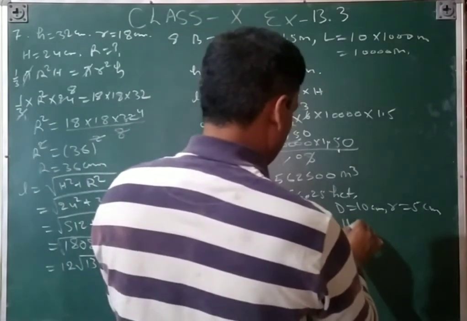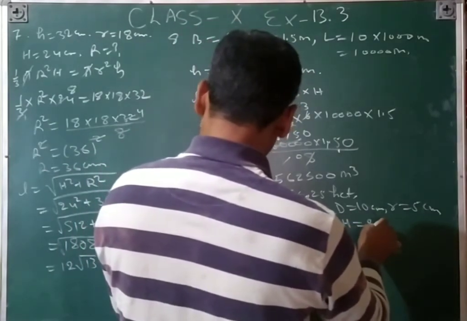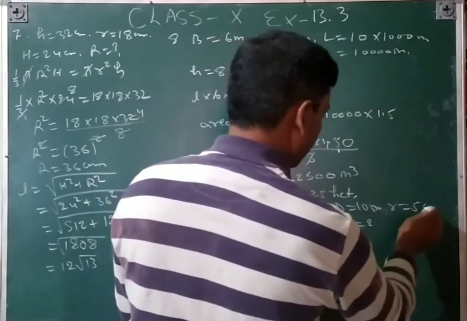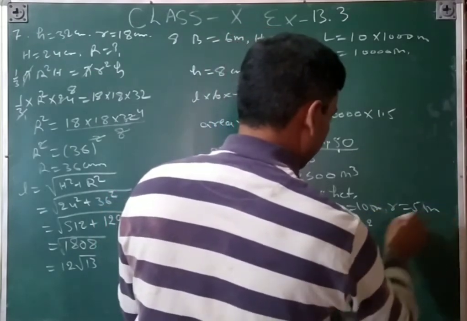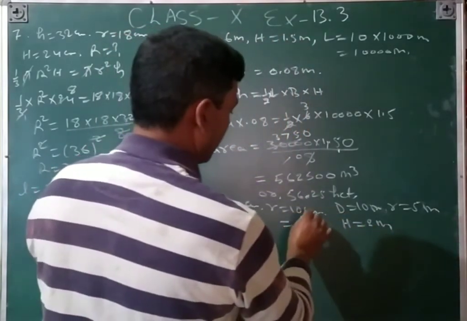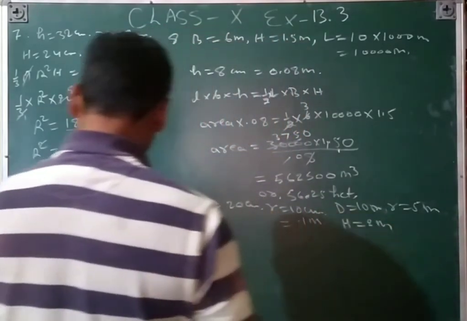So R is equal to 5 meter. This one also we will convert in meter, so that will be 0.1 meter.